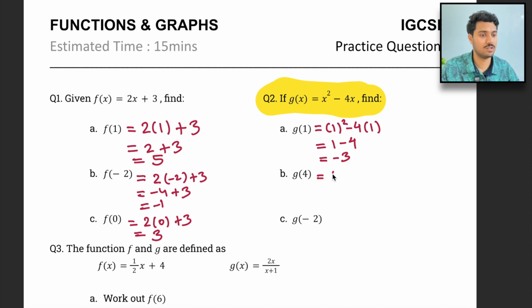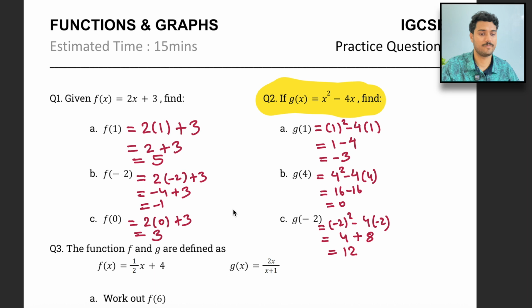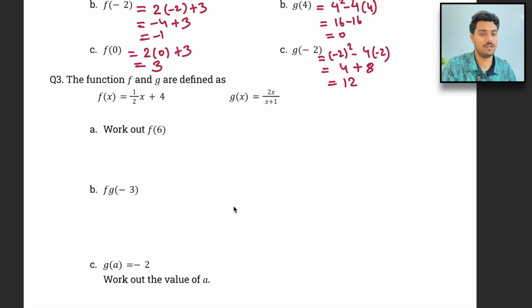G of 4, so 4 square minus 4 into 4. So that's going to be 16 minus 16, that's 0. Then g of negative 2, so negative 2 square minus 4 times negative 2. So 4 plus 8, that's 12. That's the answer. Let's check the next question.